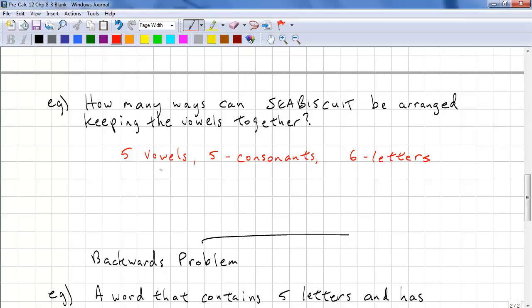In essence, we have S, B, S, C, T, and we'll do this in a different color, V as the vowels. So we have 6 factorial ways to permute this. And we divide by 2 factorial, because we have two S's.